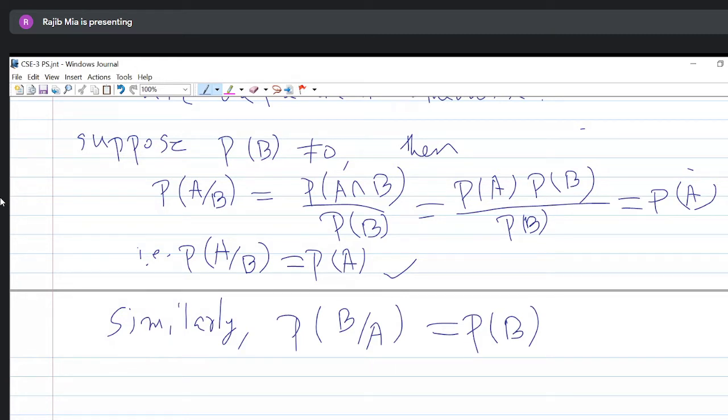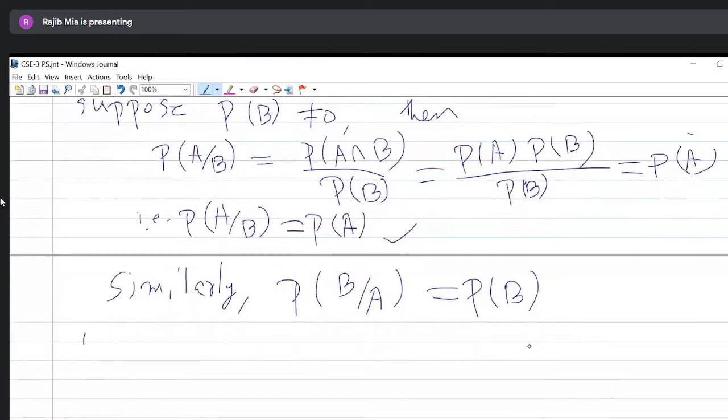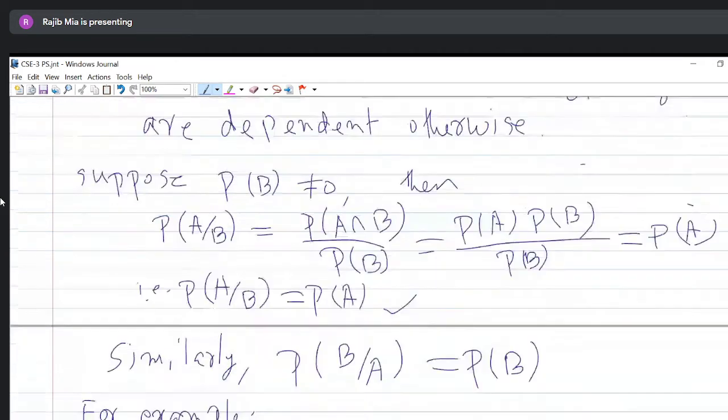For example, can you give an example of independent events A and B? Yes, sir, tossing two coins and getting heads. What are the events A and B in tossing two coins?